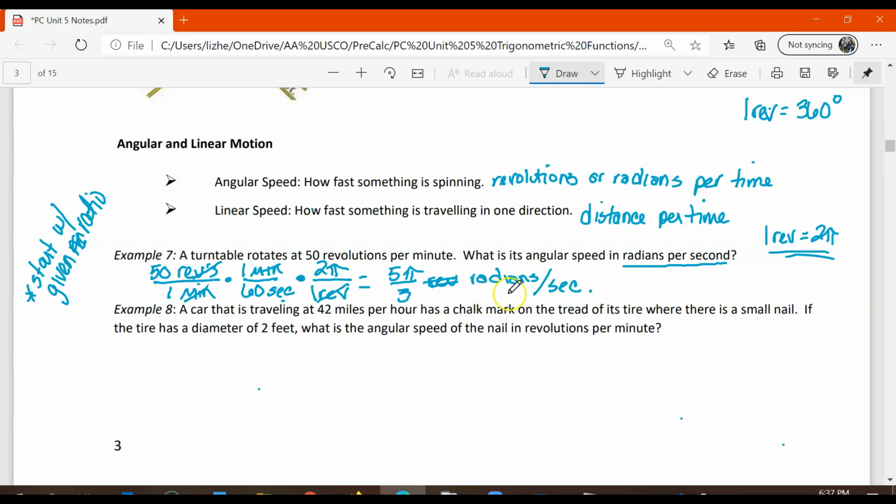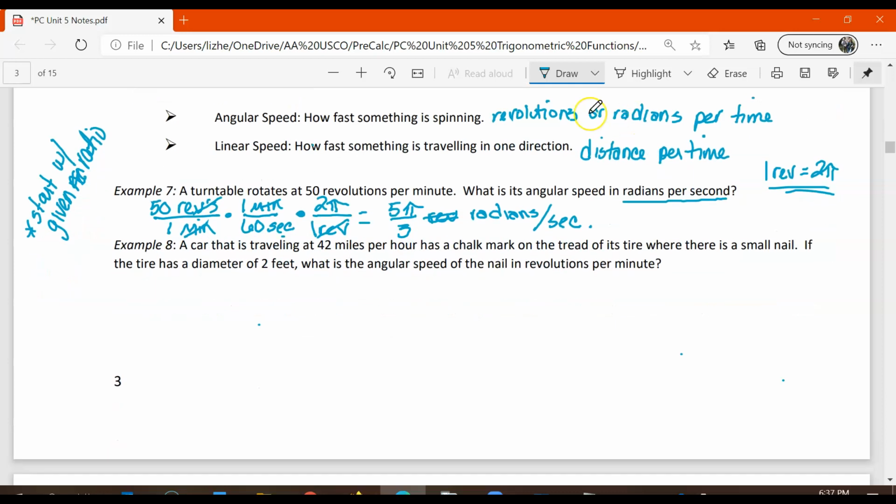Okay, next one. A car that is traveling 42 miles per hour, so that's my starting point, has a chalk mark on the tread of its tire where there is a small nail. If the tire has a diameter of 2 feet, which means the radius is 1 foot, right? What is the angular speed of the nail in revolutions per minute?